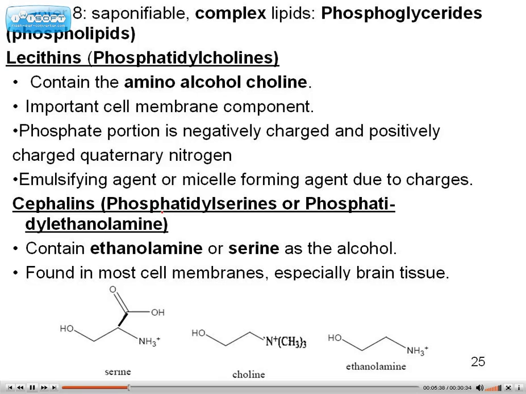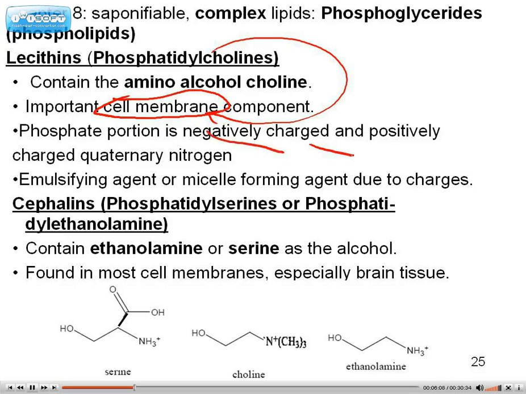cell membranes. So phosphoglycerides make up the majority of cell membranes for all cells. In this case, phosphatidylcholines are the main component of cell membranes. Obviously, the phosphate group makes very polar heads on the triglycerides, so they're going to be facing toward the water.